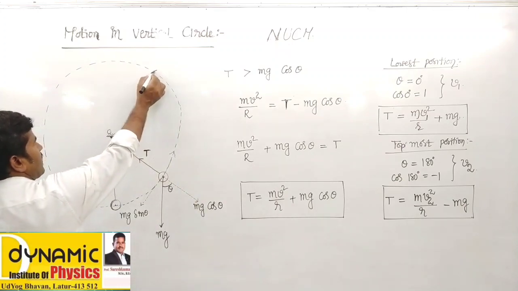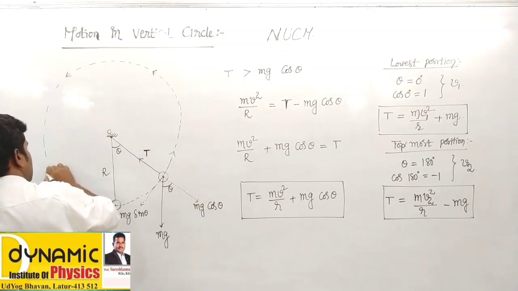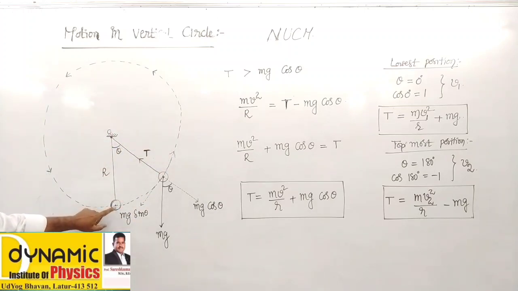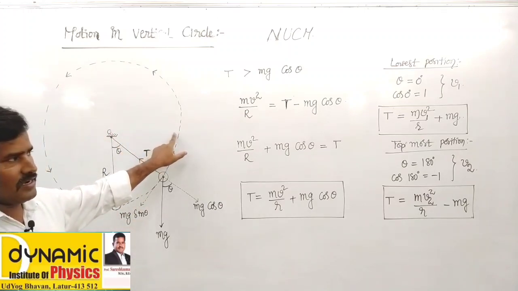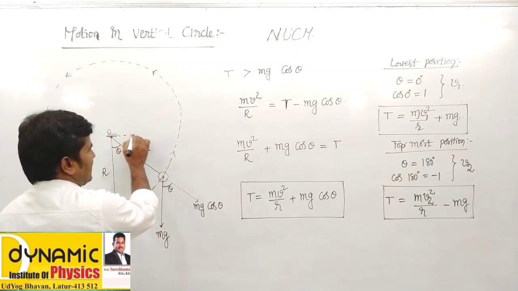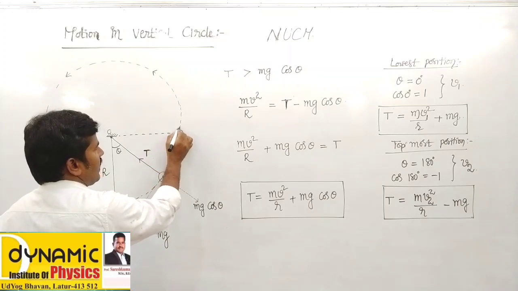In this vertical circle, the tension values are different at different positions. Suppose at the horizontal position, what is the tension?